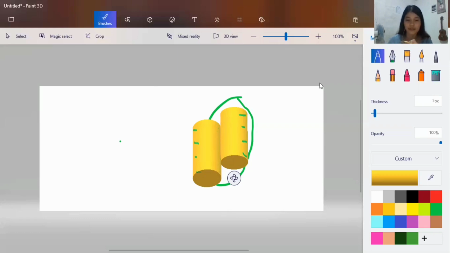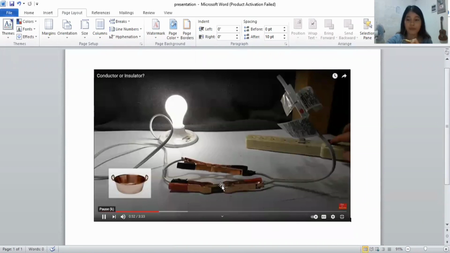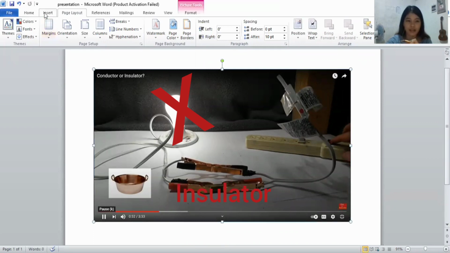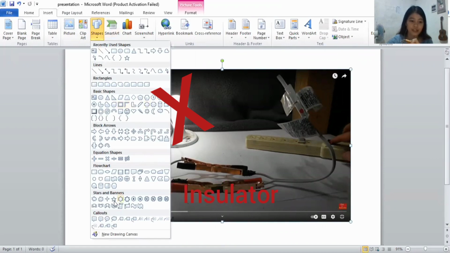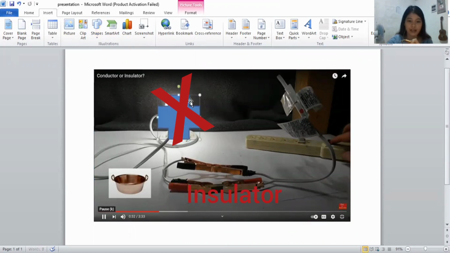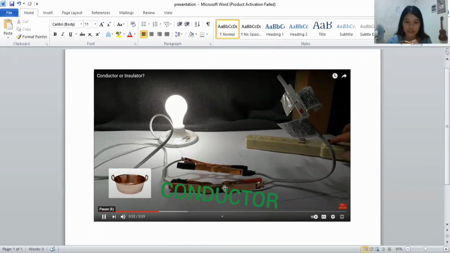To clarify, I saw an experiment on YouTube, this one. I saw that if you put an insulator material here, the bulb will not light up. It does not light when you put an insulator material. But if you put a conductor material, the bulb lights up.